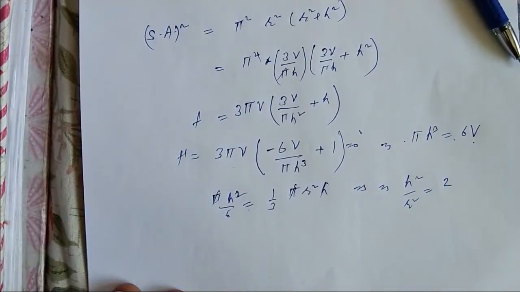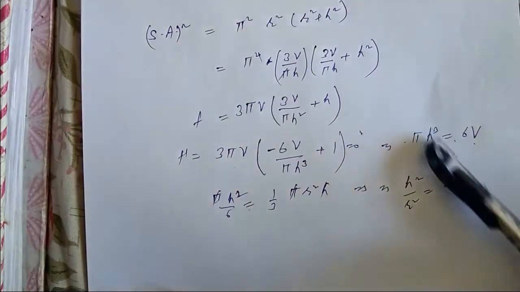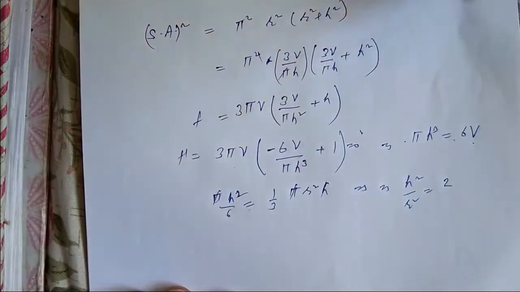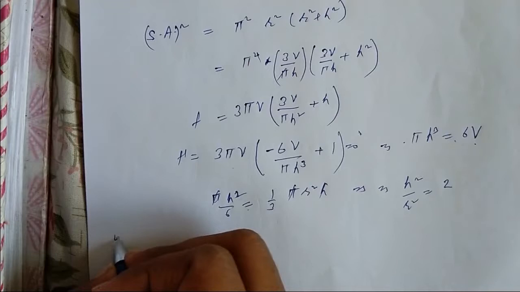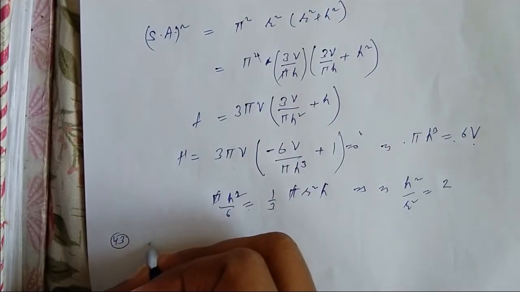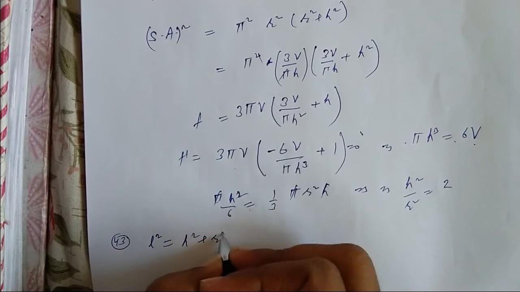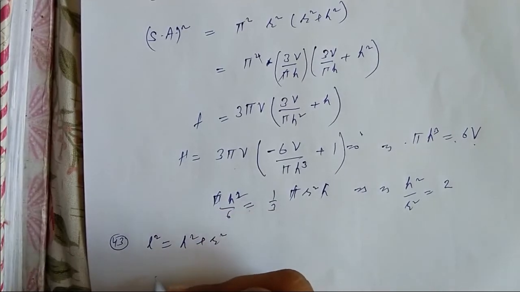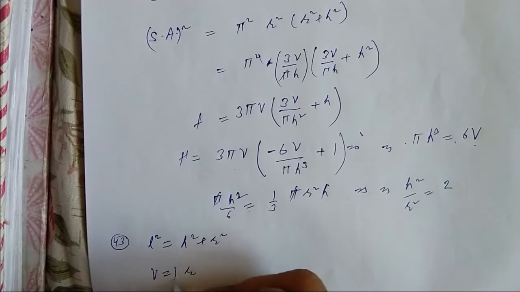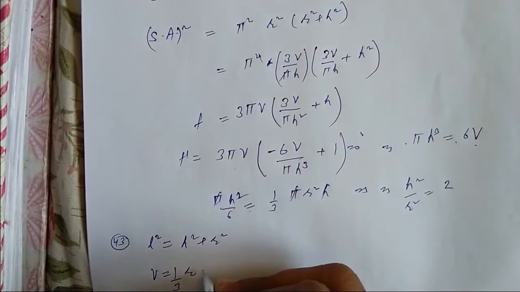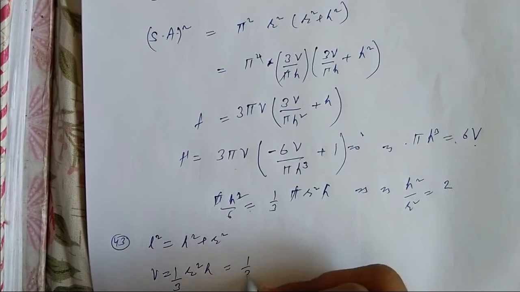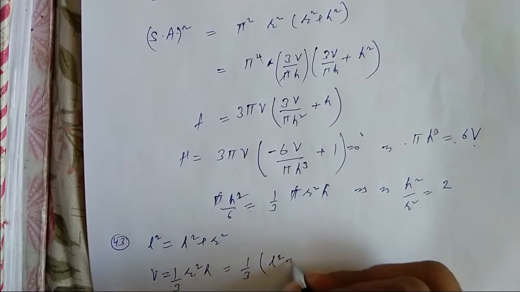Moving on to the next question, question number 43. It should be the maximum height of the cone that can be obtained by revolving a right angle triangle of hypotenuse L units. Okay, so if the height of the cone is h, L² is equal to h² plus r², okay, V is equal to 1 by 3 πr²h is equal to 1 by 3 π (L² minus h²) into h.